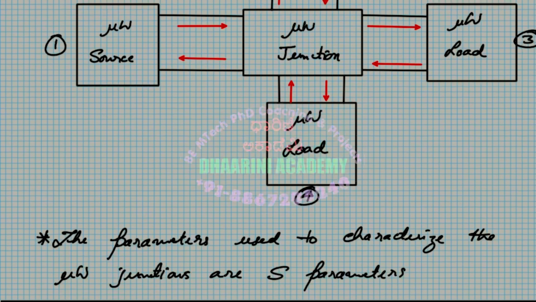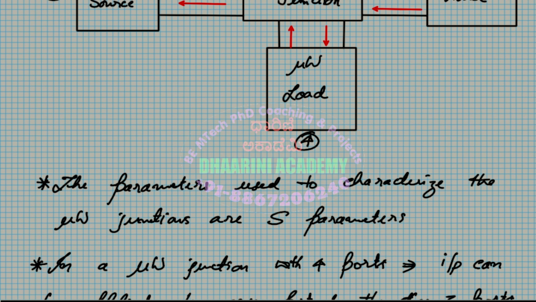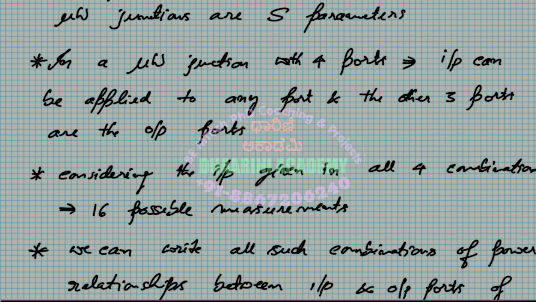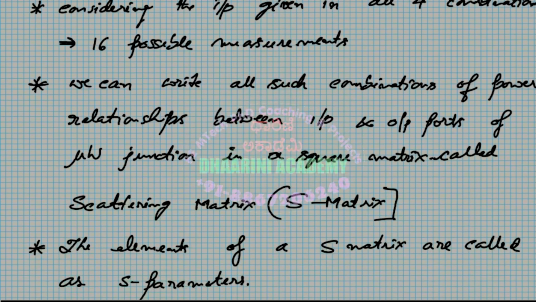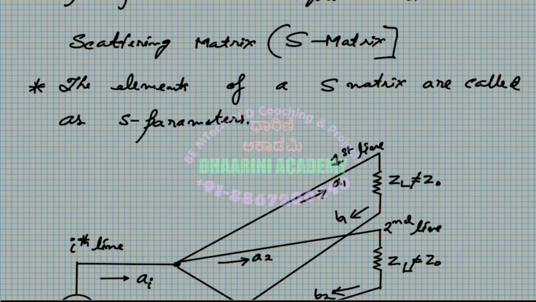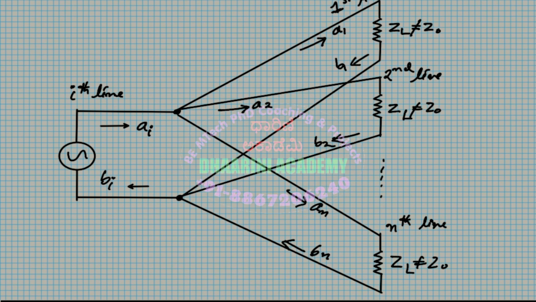To each port, we can connect microwave devices, and we can make the energy fed from one side propagate through the junction, convert it into different proportions, and make it available to the various devices connected.